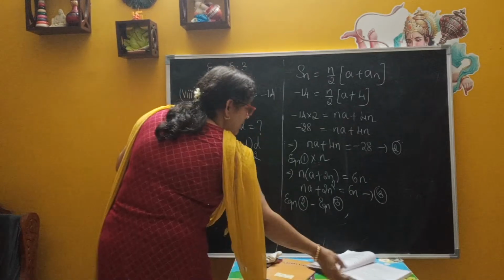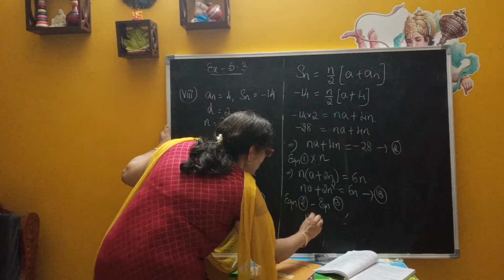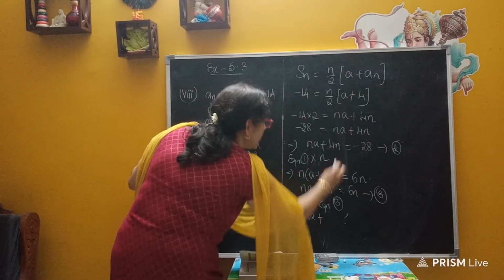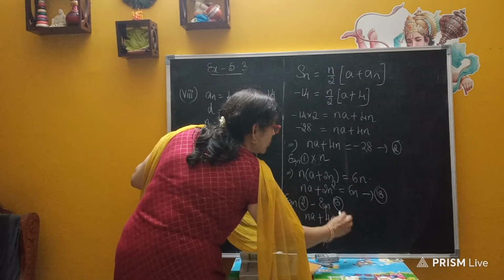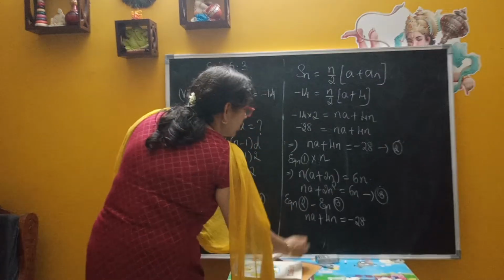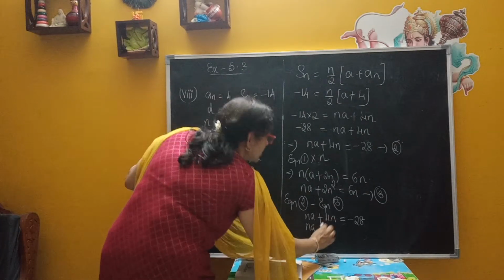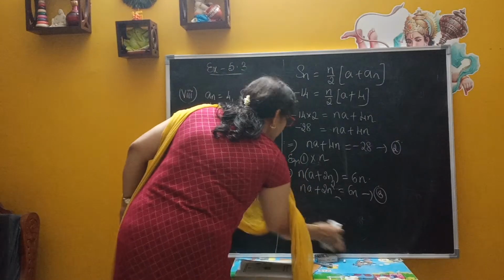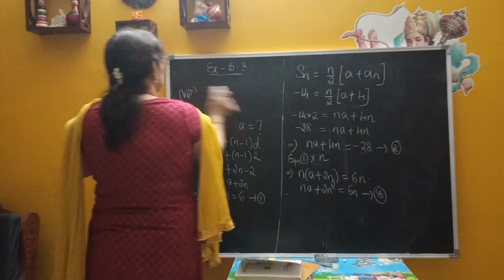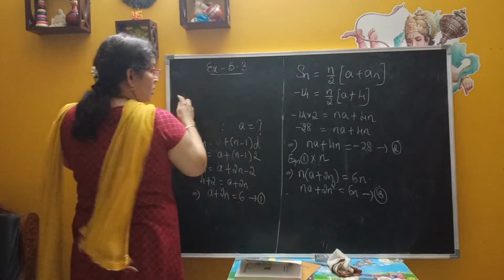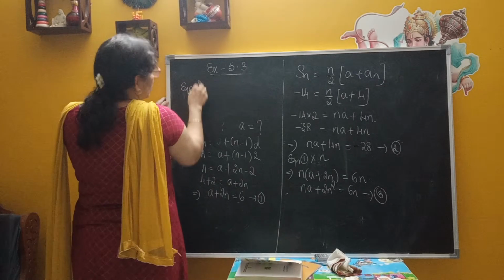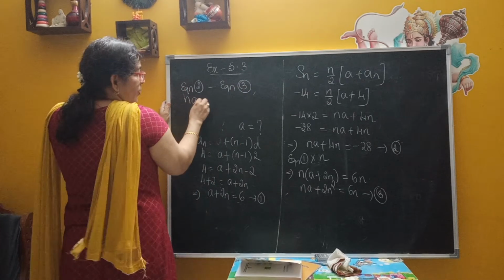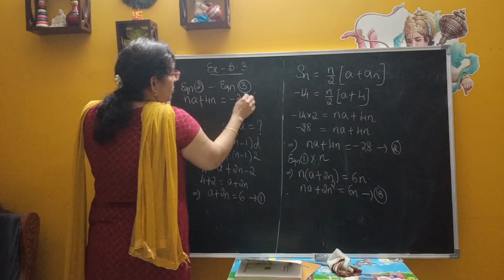Let us write in columns: na plus 4n is equal to minus 28, and na plus 2n square is equal to 6n. So this is equation 2 minus equation 3, and we get na plus 4n is equal to minus 28.